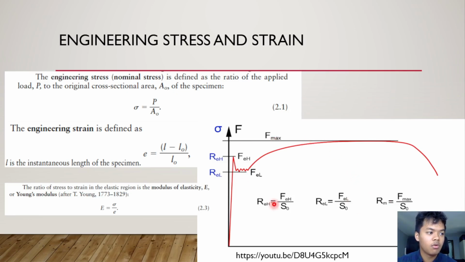We're going to convert the data that we obtain here using these formulas to obtain an engineering stress and strain curve. We'll dive deeper into that in a bit, but first let me explain Young's modulus, or the modulus of elasticity. We get this from dividing stress by strain.